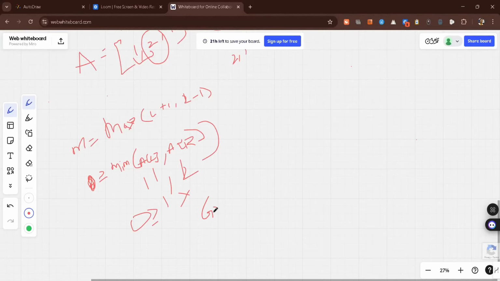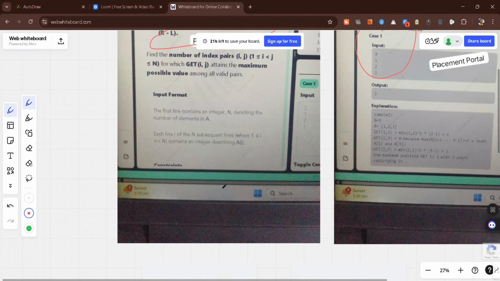So how should the get value be calculated? Get is equal to, here they have given the formula in the question itself. Let's see the formula.